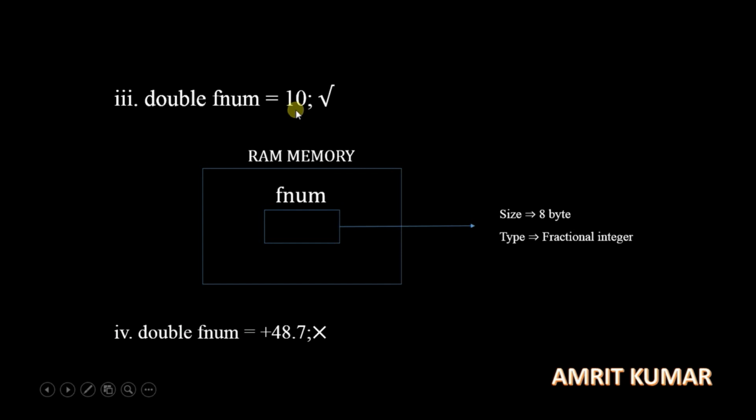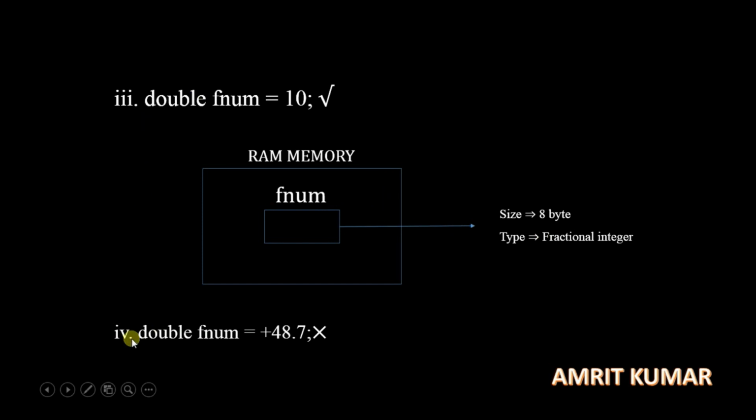So 10 is also included in it. Therefore, this double data type fnum is going to be built into the RAM memory, and here you are seeing that RAM, which is random access memory, is allocating the variable fnum into the RAM memory whose size is required and type is fractional number, or we can say double.